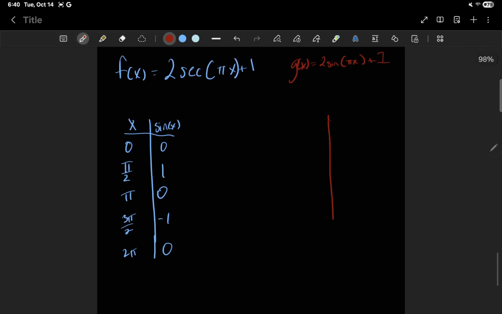Come back in, create our table. x, 2 sine pi x, actually, hold on. Remember, if it's on the outside, it affects y, so the 2 and the 1, so 2y plus 1. And then our x is just pi x, whatever's on the inside of the parentheses.